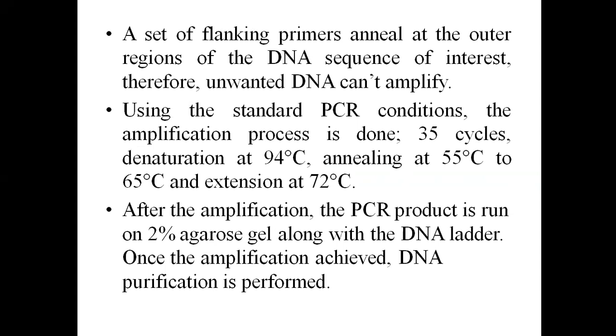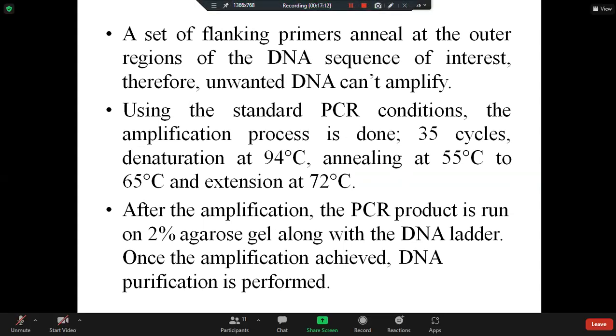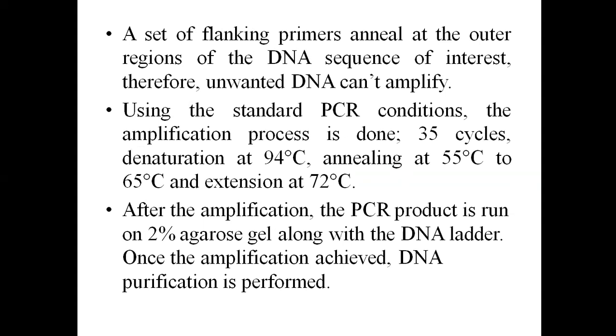There is a set of flanking primers that anneal at the outer regions of the DNA sequence of interest, so unwanted DNA can't amplify. So we should know the primers and the sequence in advance: not only the sequence of interest, but also the DNA sequence before it and the sequence after it.